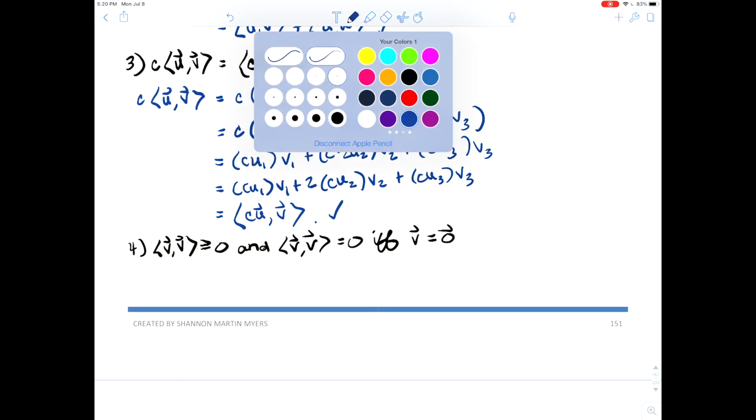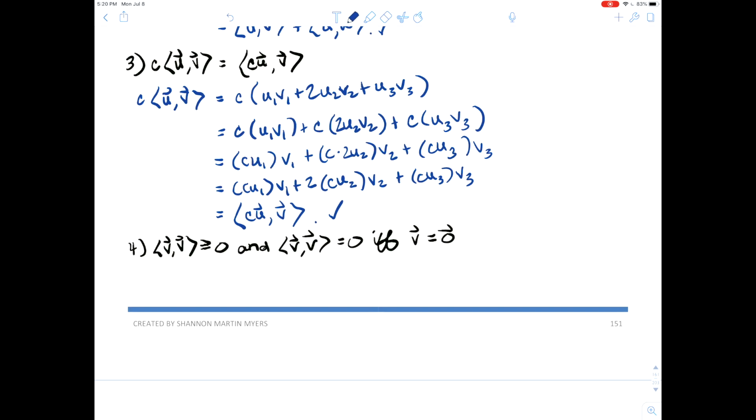So let's take a look. What would the inner product of v with itself be? The way it's defined here, we would have v1v1 plus 2v2v2 plus v3v3.